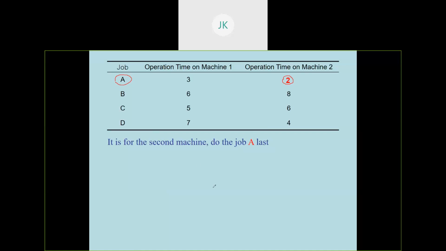So job A is placed last, and then second shortest, because job A is assigned.